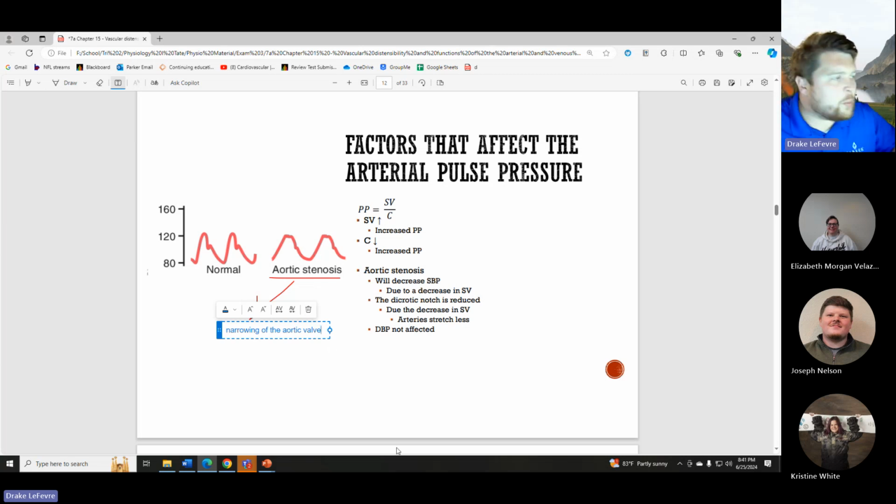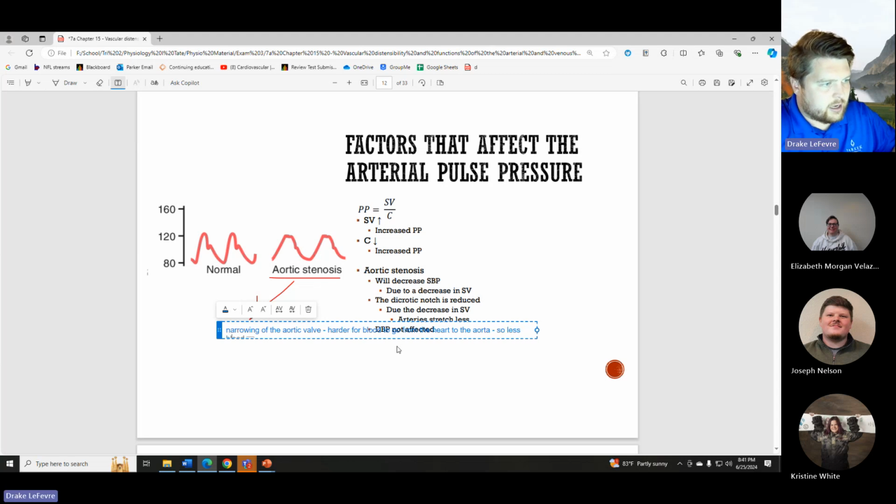So if we have a smaller opening of the aortic valve, how's that going to affect the blood trying to flow through into the aorta? It makes it harder, so it's harder for blood to go from the heart to the aorta.